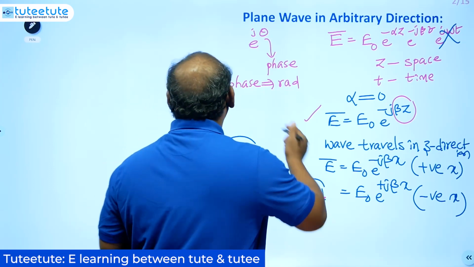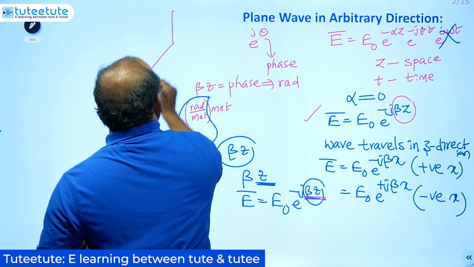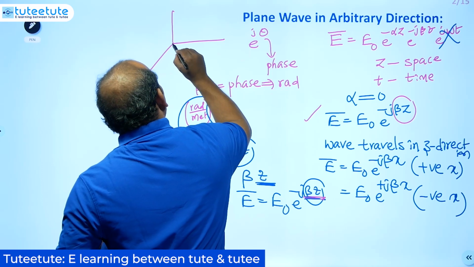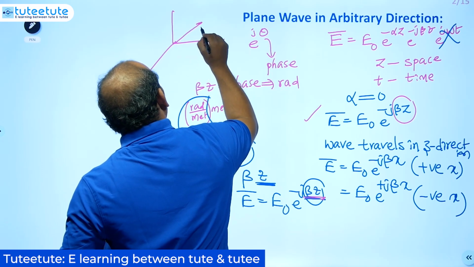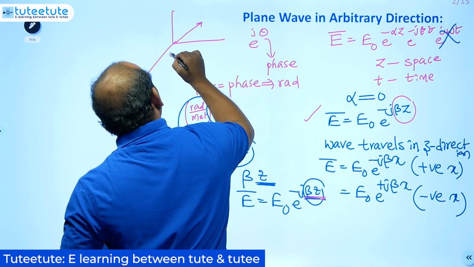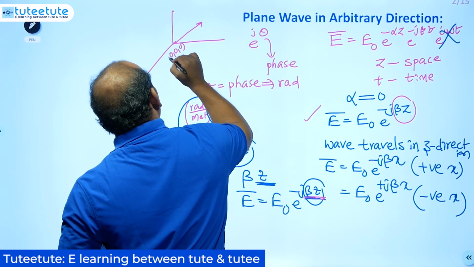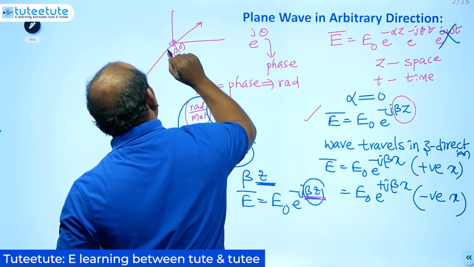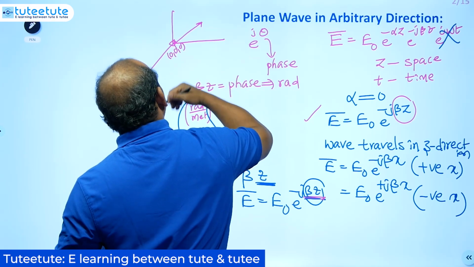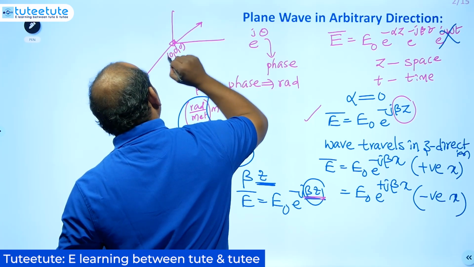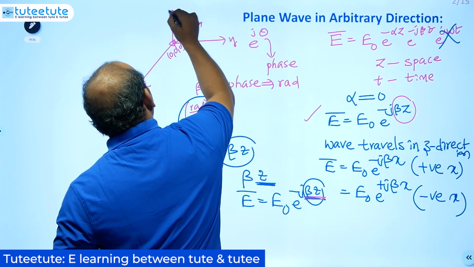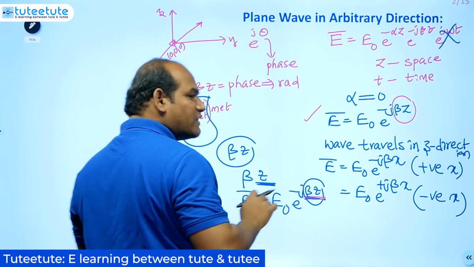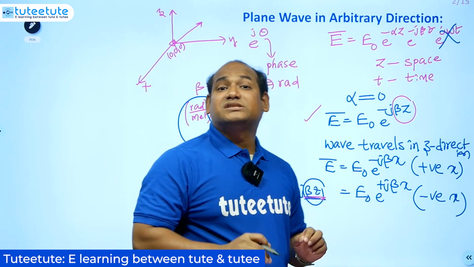For example, if you take it like this, the wave is traveling from the origin towards a certain point where the x coordinate changes. For example, here 0, 0, 0 is there. You assume an antenna is available here, generating the electromagnetic waves. The generated wave is moving arbitrarily, not along just the x direction, not just y, not just z.